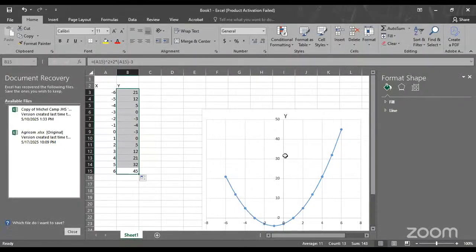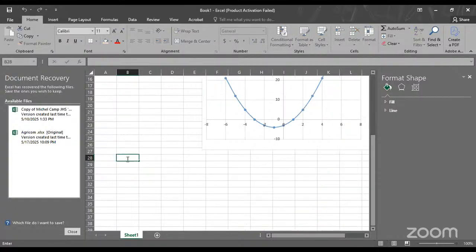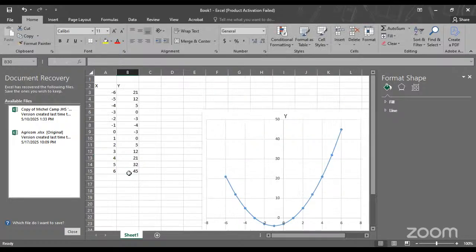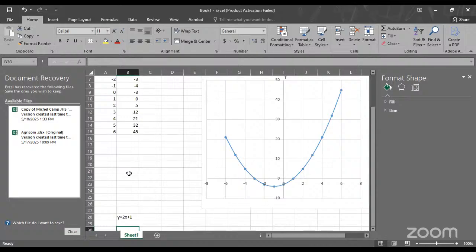Our function was y equal to 2x plus 1. So let's just bring our x coordinates and y coordinates.